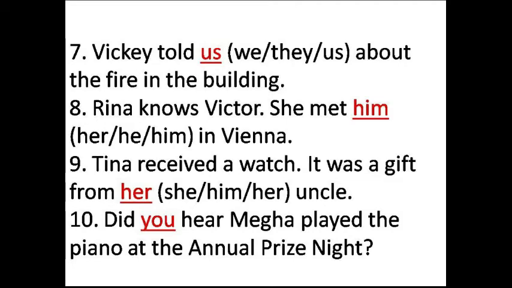Tina received a watch. It was a gift from dash uncle. We will use here her. Why? Because her is an object pronoun. The last one. Did dash hear Megha played the piano at the annual prize night? We will use here you. Why? Because you is an object pronoun.